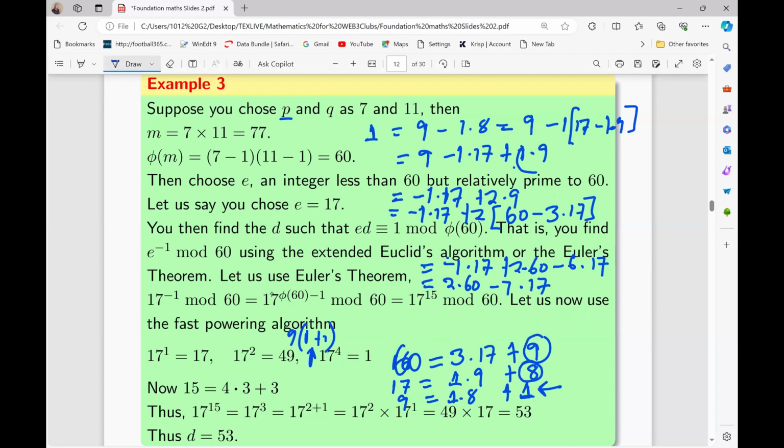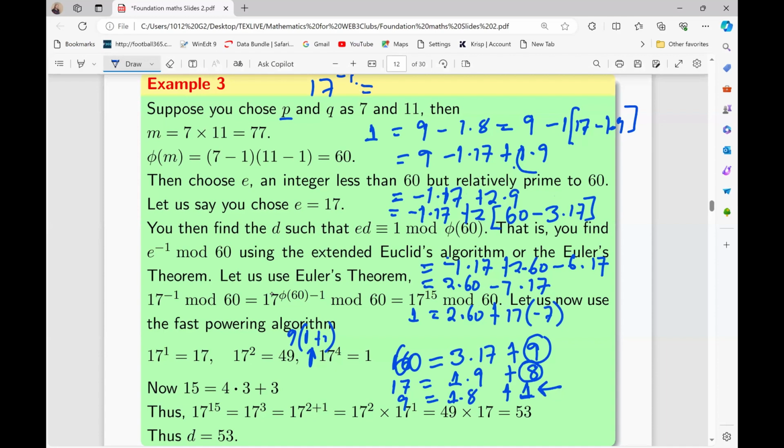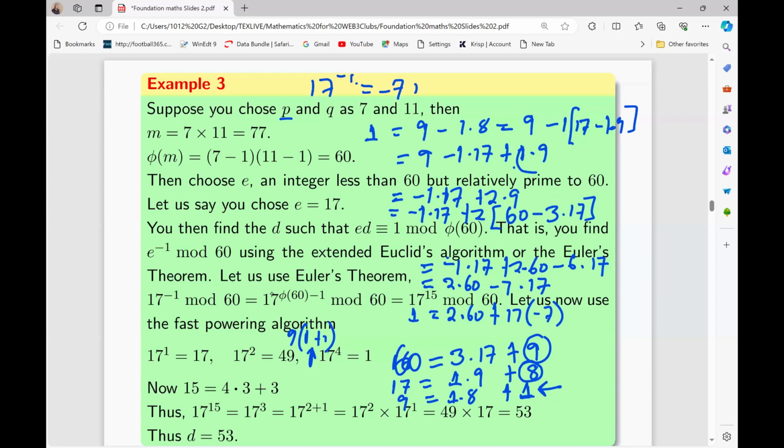So we've then found that 1 can be written as 2 times 60 plus 17 times negative 7. What we wanted was the inverse of 17. So that means that the inverse of 17, therefore, is this negative 7 mod 60.